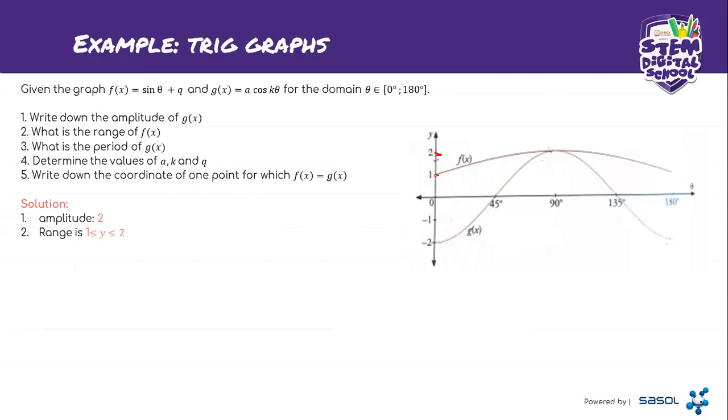It does not move below this 1 and does not move above this 2, meaning the graph of f is ranged between these two values, 1 and 2. So hence we say y is greater than or equal to 1 and y is less than or equal to 2. That's where the graph ranges, between those two values.